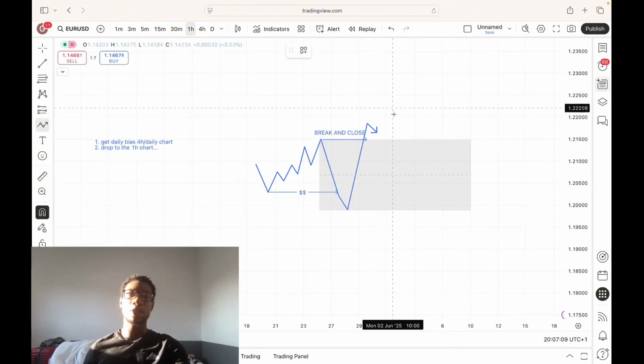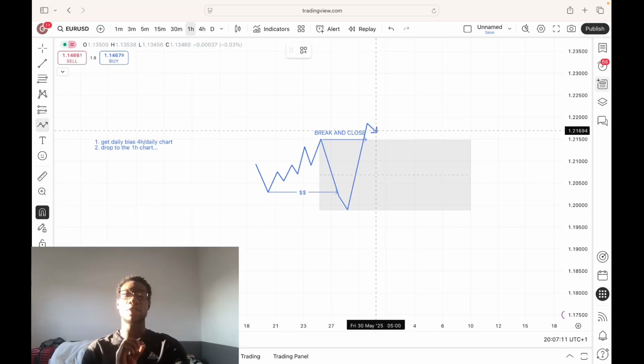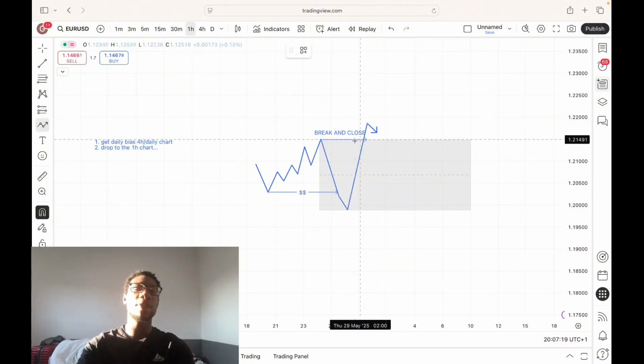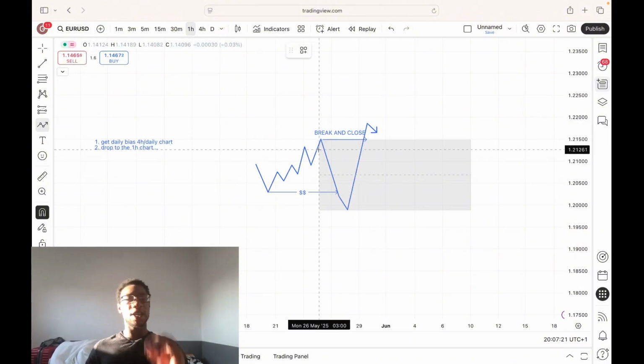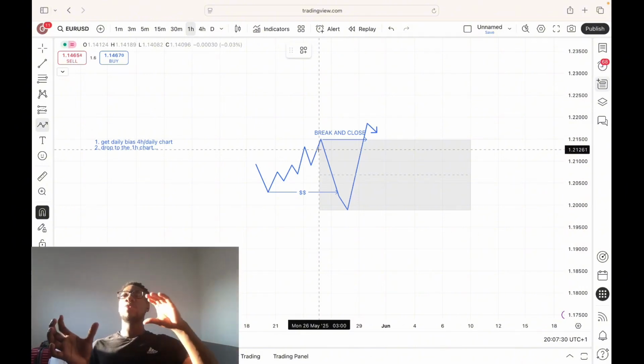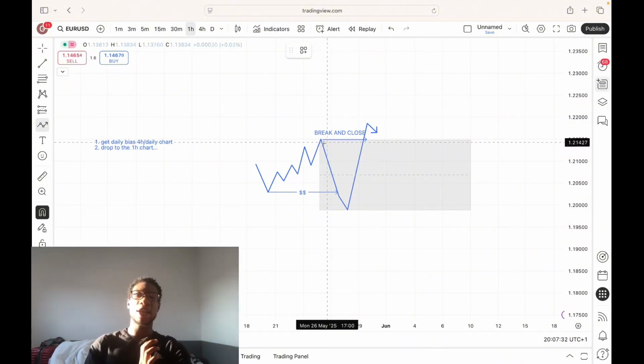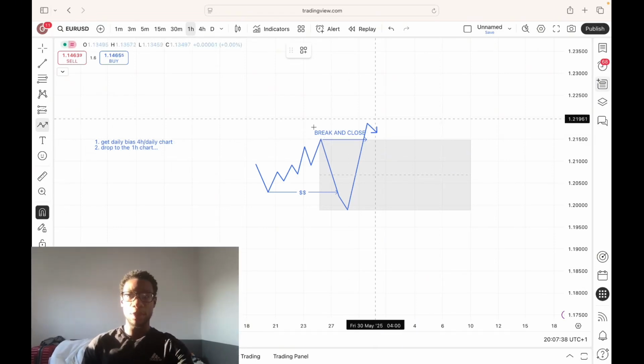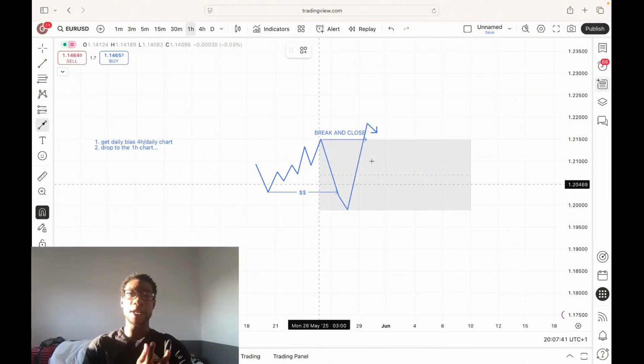One thing you want to notice when we make these institutional candles is how convincingly we broke and closed above this high. Was it a little break? When we broke, did we come straight back into it? Those are things you're going to have to backtest and see with experience, because the way we displace this high is going to show how valid our institutional candle is and how much more likely it is to hold.